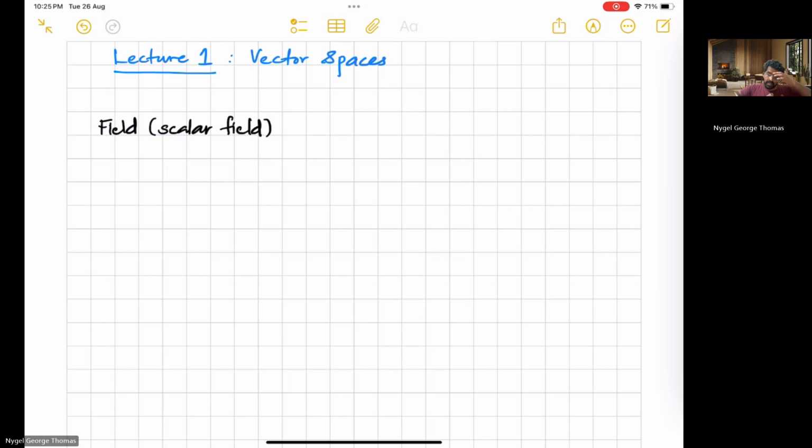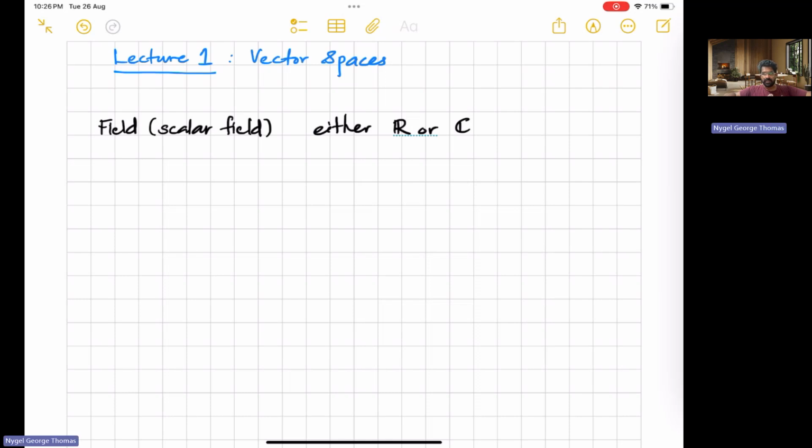So for the scope of this lecture, you'll be considering fields which are either real or complex. We won't be going too much into the formal definition of fields as we have in abstract algebra.